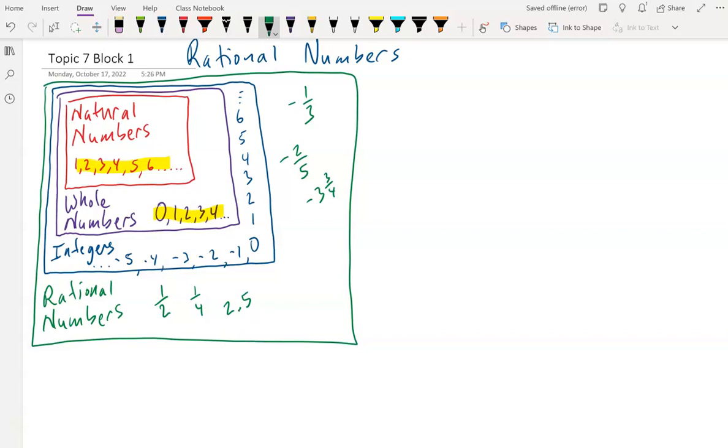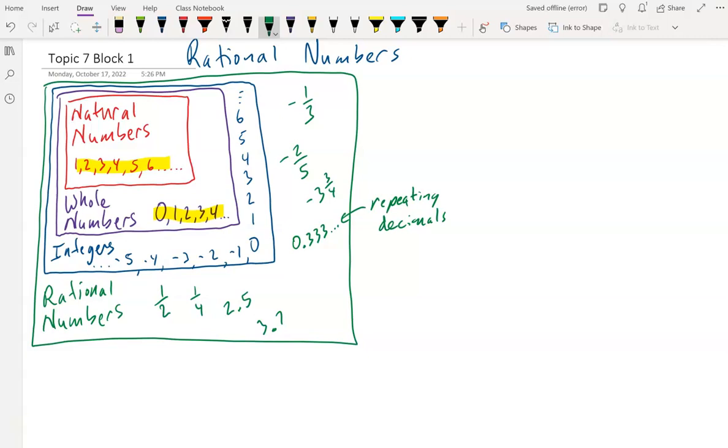It also includes decimals like 2.5, 3.7. How about 0.333 repeating? Those are also included in the rational numbers. So you can have repeating decimals like that one, where it just keeps going and going.